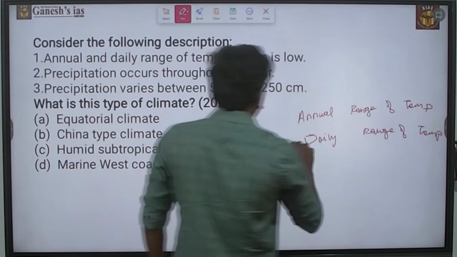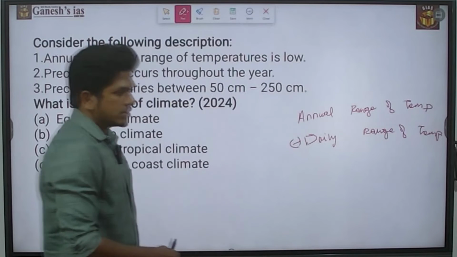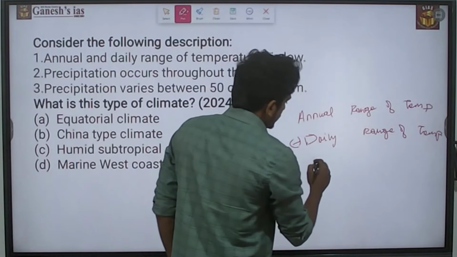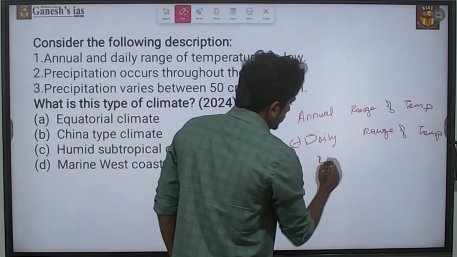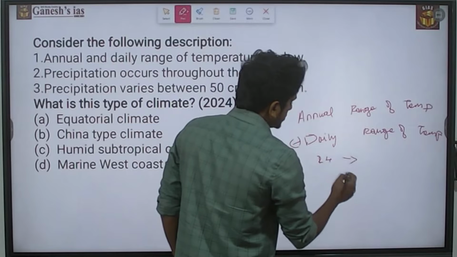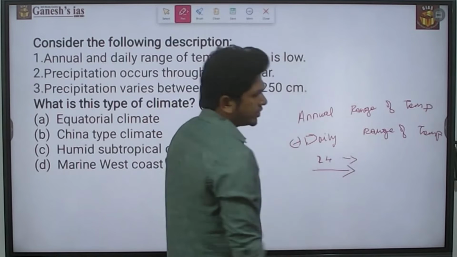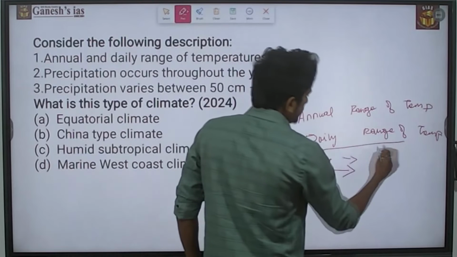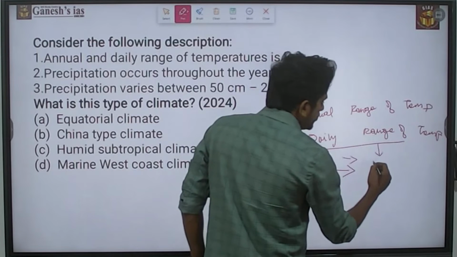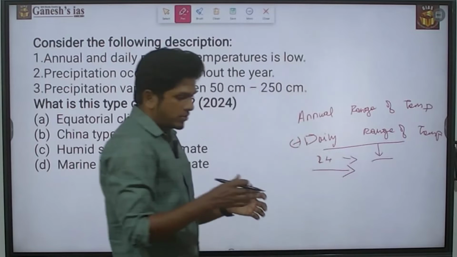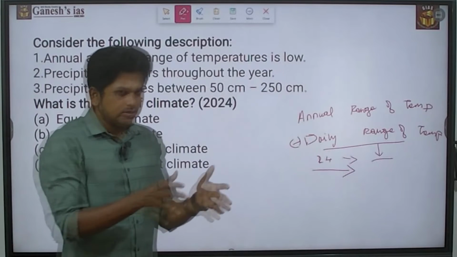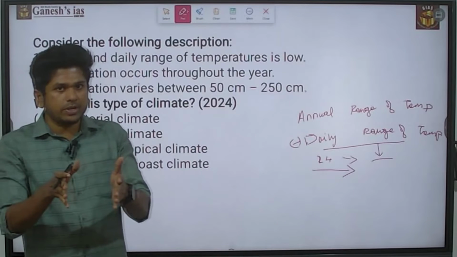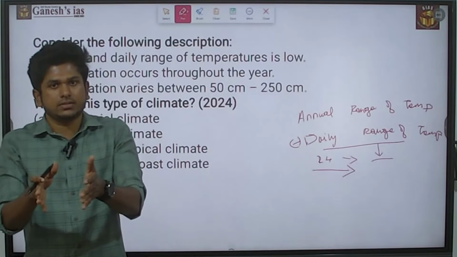First we go with the daily range of temperature, which means they measure the temperature every hour. For 24 hours, they measure the temperature and calculate the average. In this daily range of temperature, there won't be many changes. For example, if in the daytime the temperature is around 28 degrees Celsius, then in the night time the average temperature is around 27 degrees Celsius.